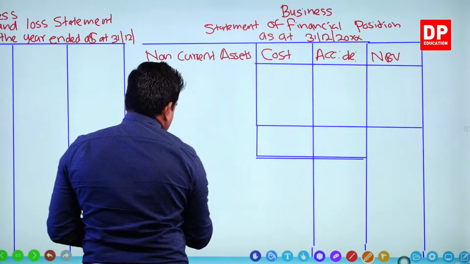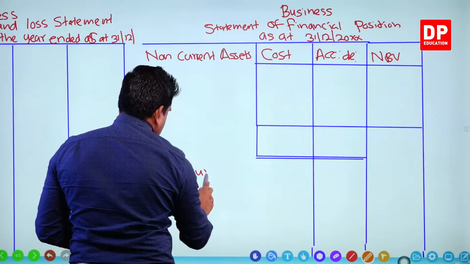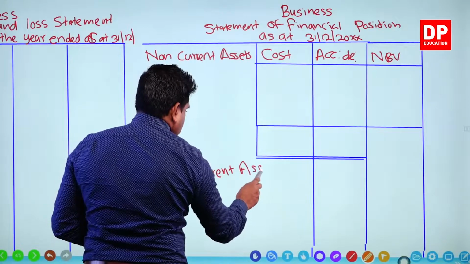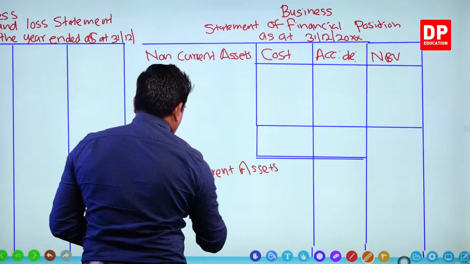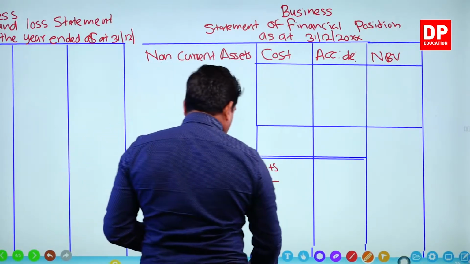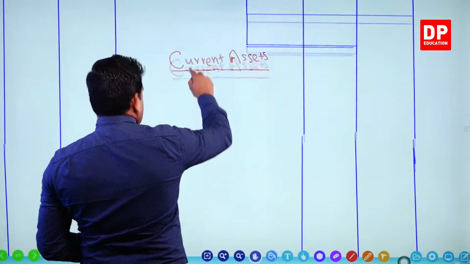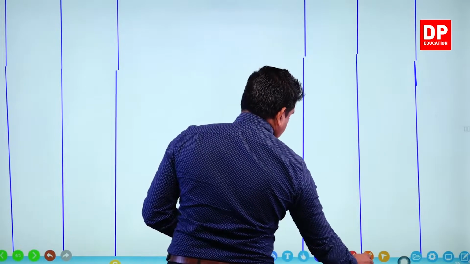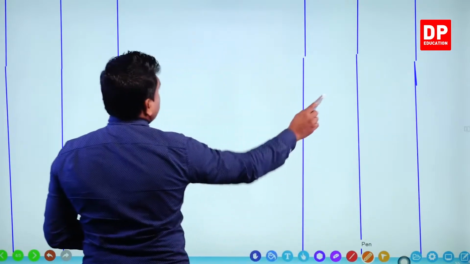After that, current assets. Underline and keep space to write the current assets. Then the assets area is finished. Then we write capital.